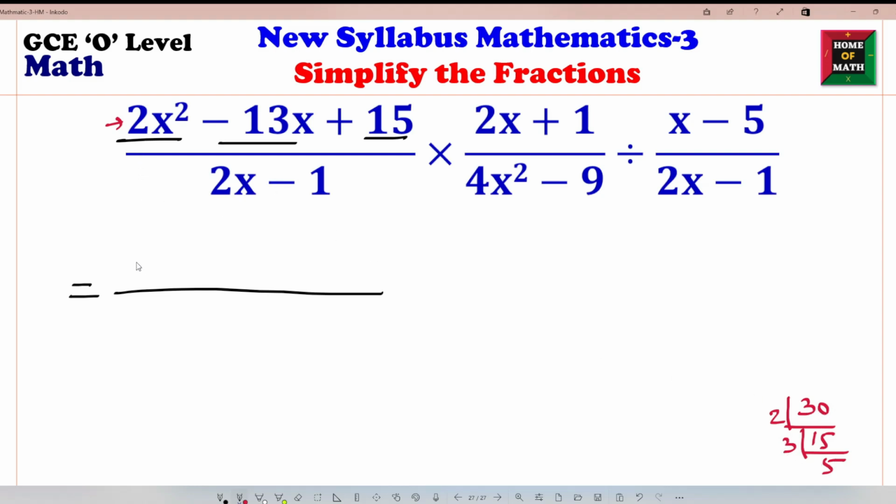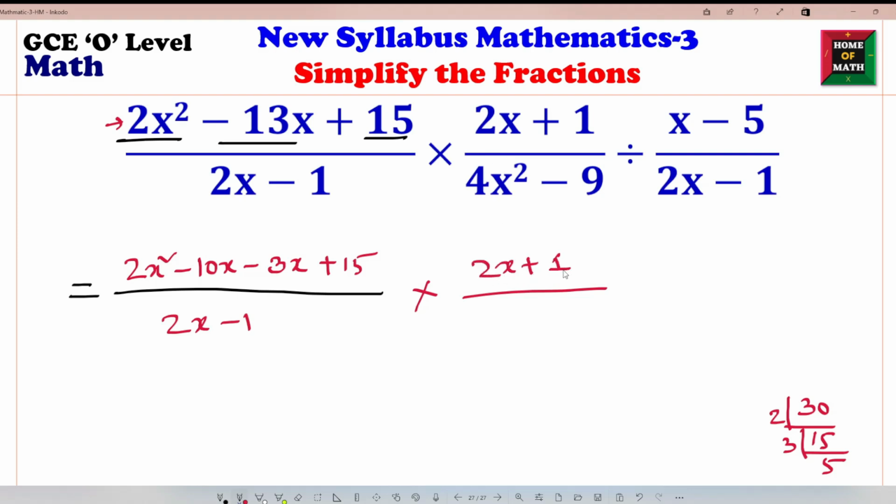So this one we can write like this: 2x² − 10x − 3x + 15. Okay, and divide, here is 2x − 1 times, this is 2x + 1, we can keep as it is, and this 4x² means (2x)² and 9 means 3².